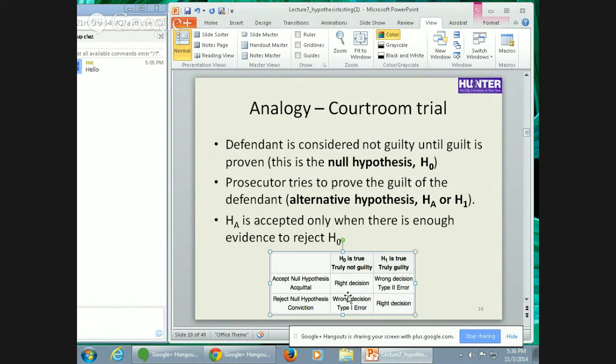The more confidence you want in not making a type 2 error, the higher your type 1 error rate will be, and vice versa. So if you decide that you never want to release a guilty person, the only way to do that is to convict everyone and to have a very high type 1 error rate.